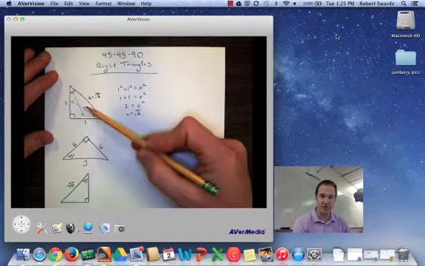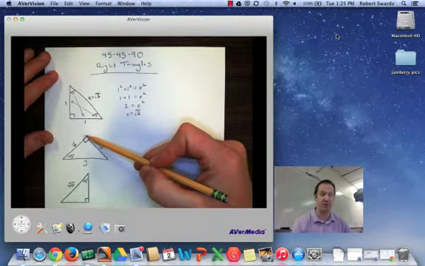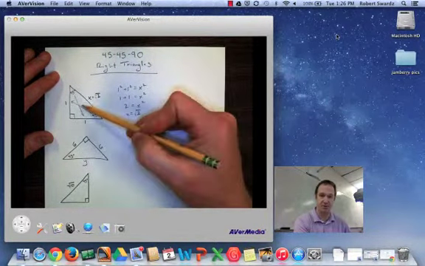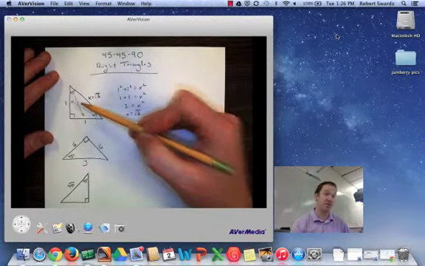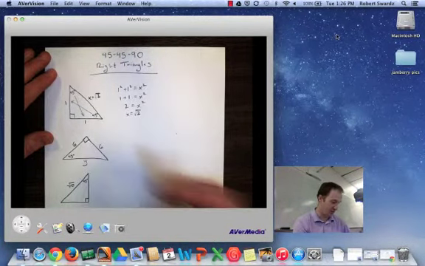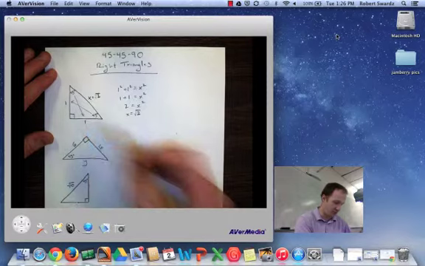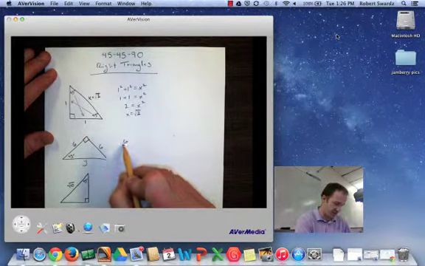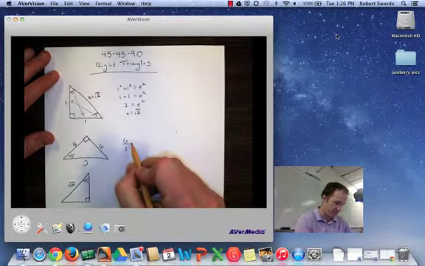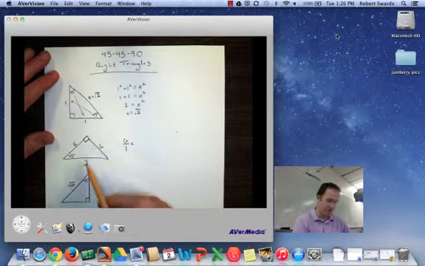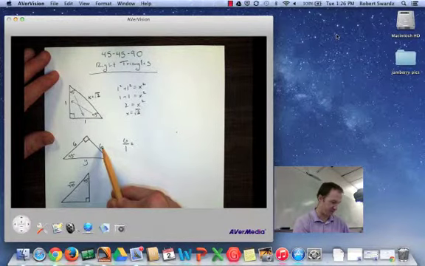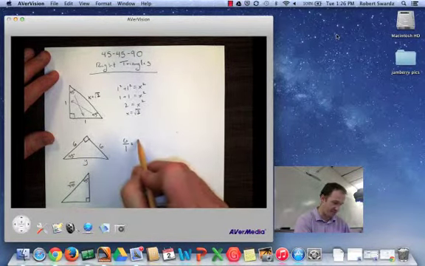These two triangles are similar. Any two 45-45-90s are similar. So we can set up a proportion to find a missing side. 6 goes with 1, so we could make a ratio, 6 over 1. And then we want to find y. I'm going to put this triangle on top here.